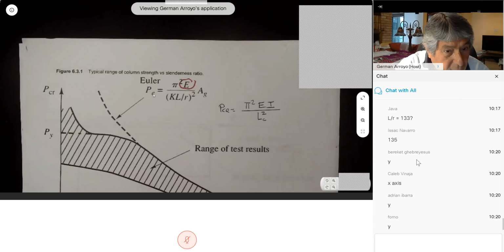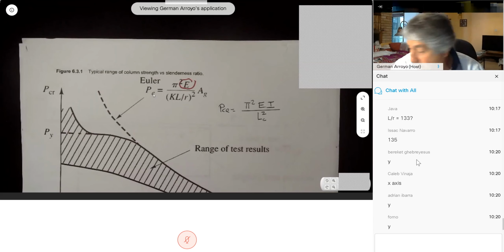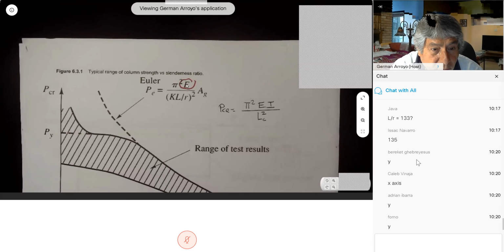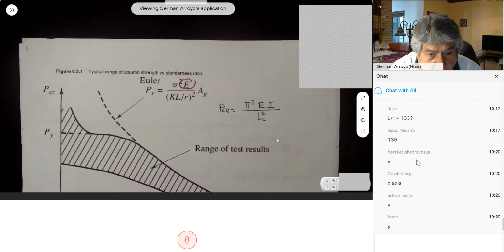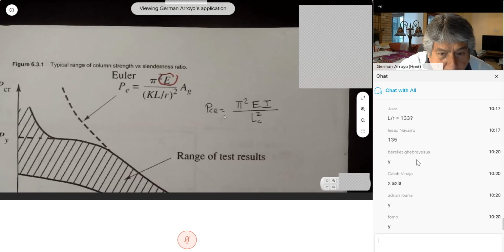The critical load is pi squared E times the gross area over KL over R squared. But this is normally what we show you, the way we show it to you in mechanics of solids. The critical load is pi squared EI over L squared.